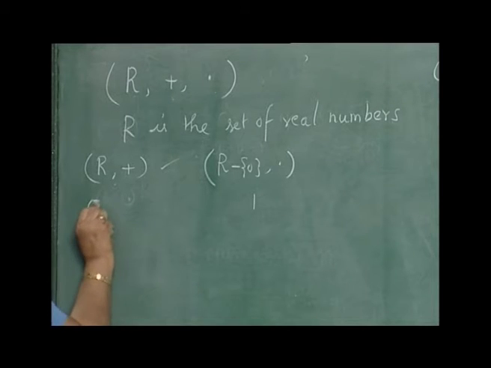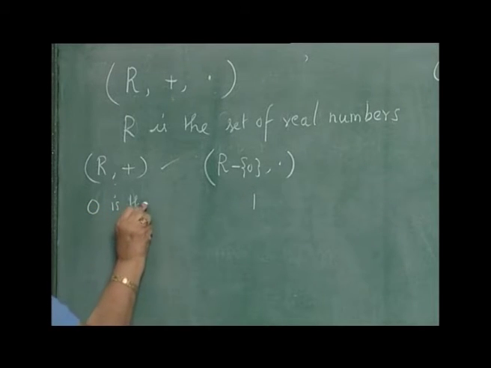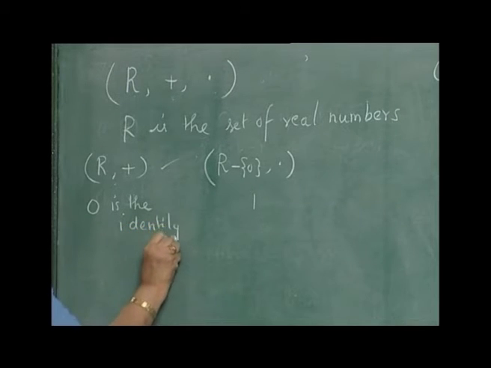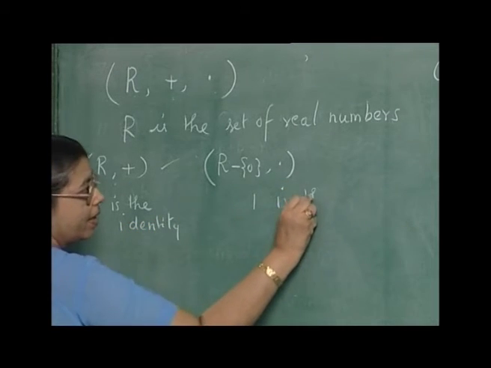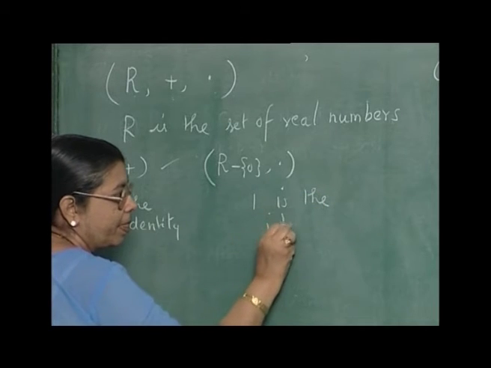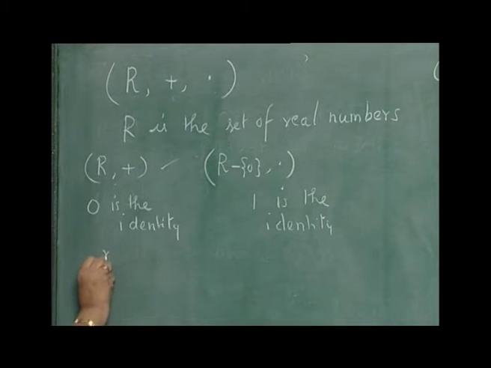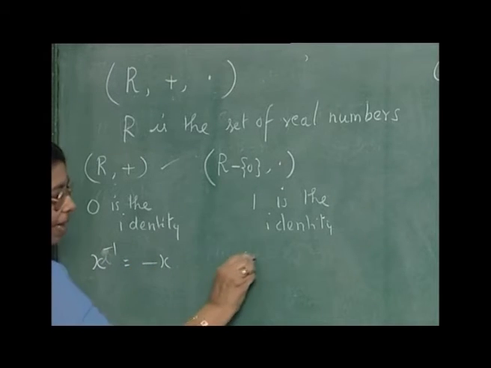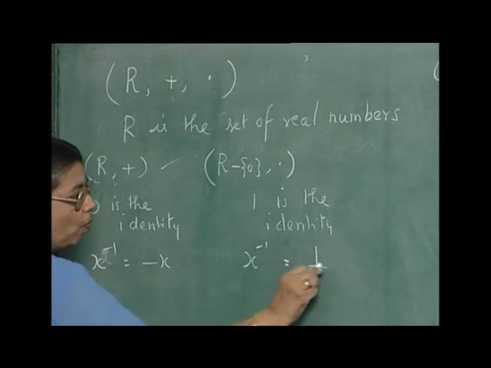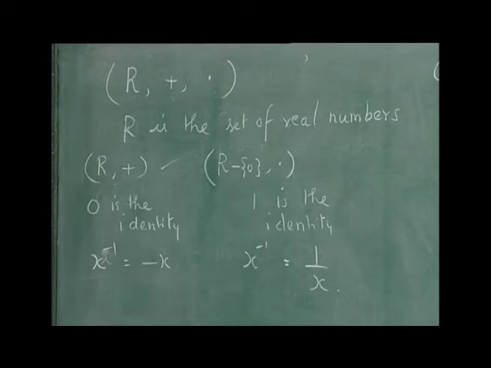Here 0 is the identity, here 1 is the identity, and the inverse of x will be minus x here. Here the inverse of x will be 1 by x.